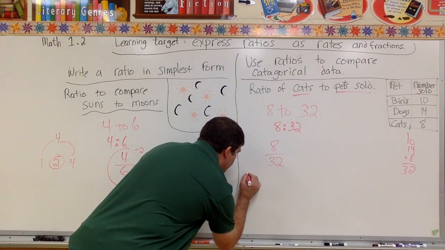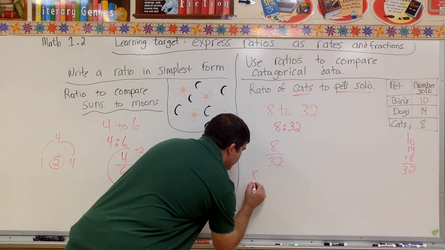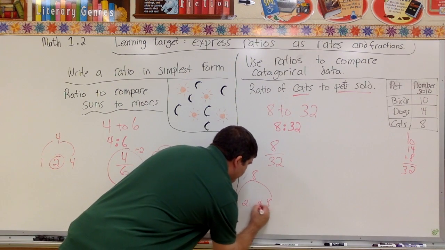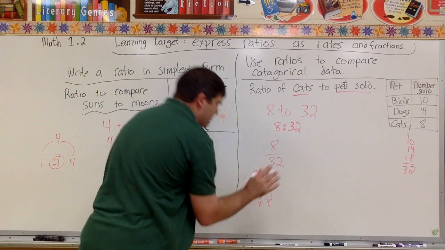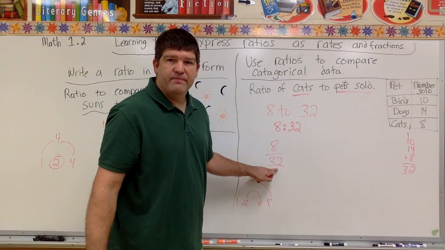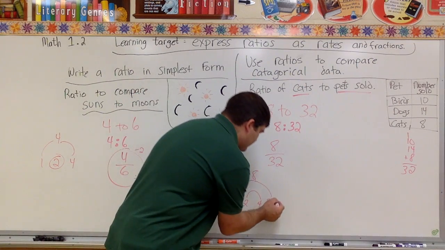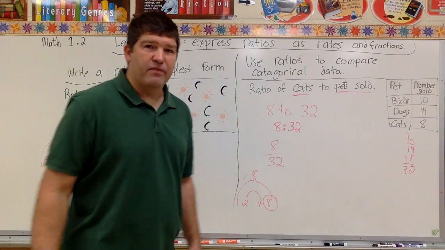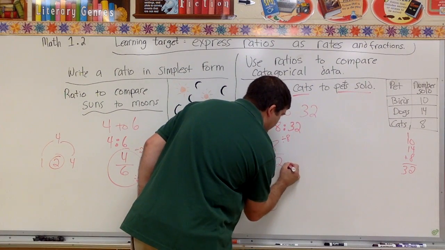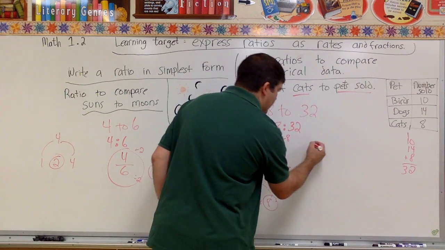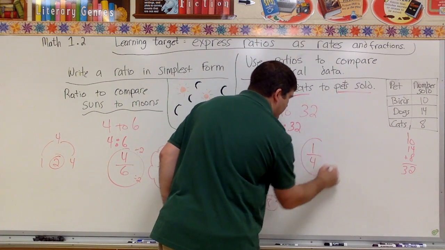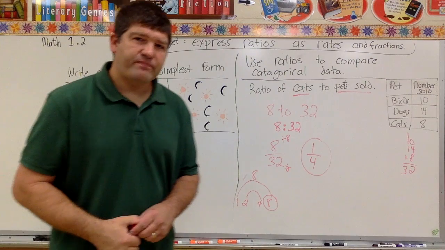So I come over here, do my little 8. 1 and 8, 2 and 4, 3. Nope, 3 doesn't go in there. Does 8 go into 32? Yes. The greatest common factor is 8. So I'm going to divide each side by 8. 8 divided by 8 equals 1. 32 divided by 8 is 4. 1 to 4.